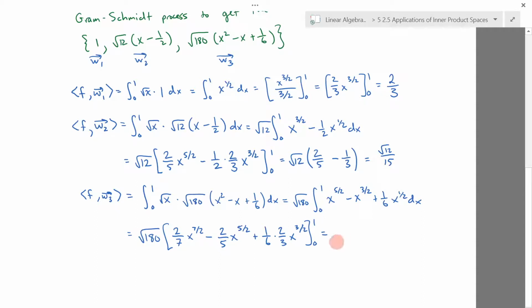Okay, so you get square root of 180. Plugging in 1, this is 1, this is 1, this is 1, so you just get left with the coefficients, and then plugging in 0, they're all 0. So what is this? This is 2/7 minus 2/5, and then the 2 cancels a 2 here, so you get 3 times 3, so that's 1/9.